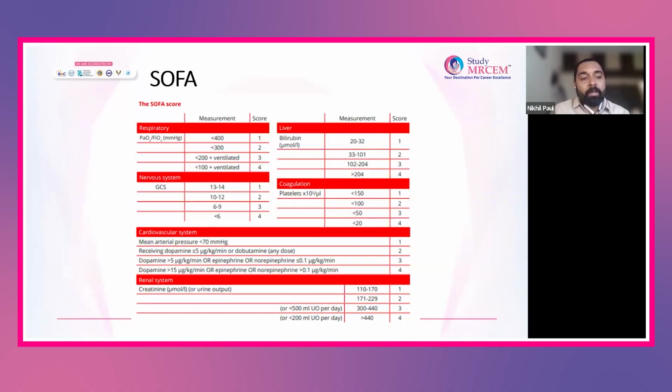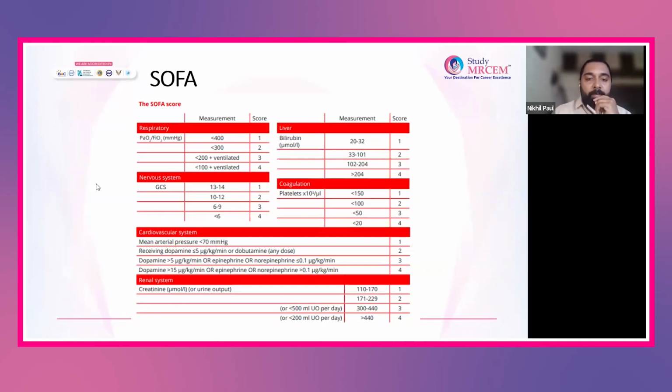And finally, we have systolic blood pressure less than 90. So 3 points. If the score is more than 2, that triggers sepsis. That's a good screening tool for sepsis. qSOFA is a screening tool for sepsis, but SOFA is a diagnostic tool for sepsis. If more than 2 on SOFA is present, then you need to consider sepsis.